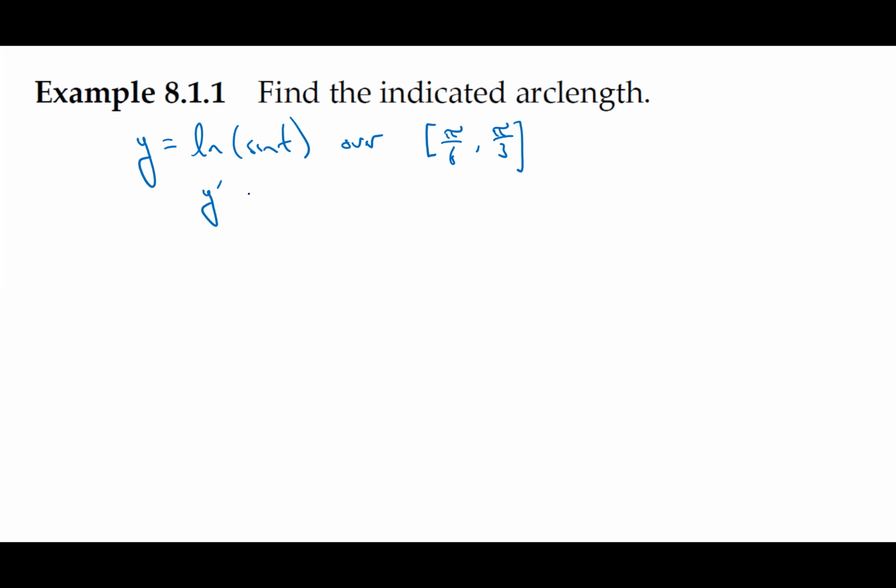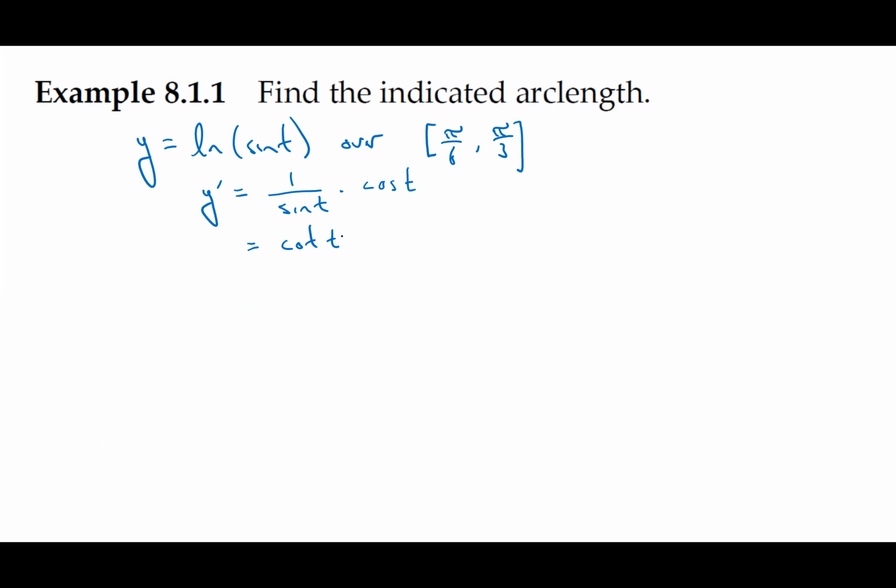Because I know that's in my formula. So the derivative of natural log of sine t will be 1 over sine t times the derivative of sine t, which is cosine t. So that looks to me like cotangent t. Okay?